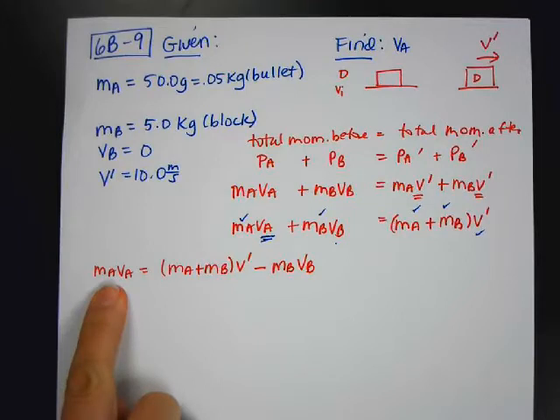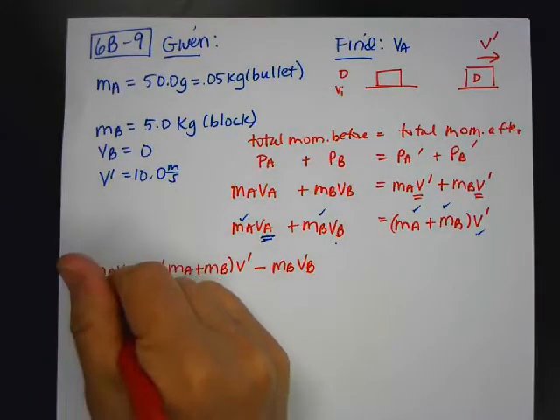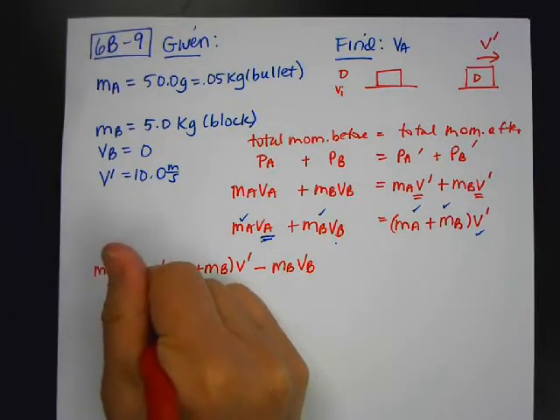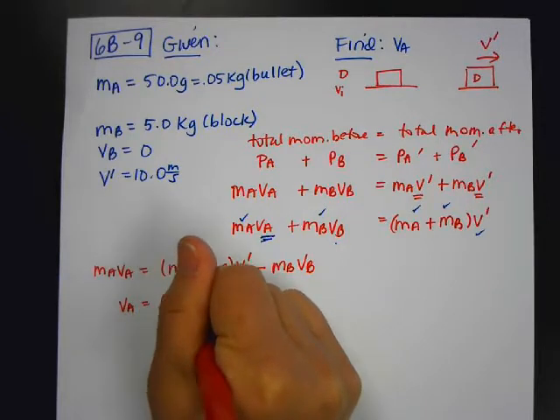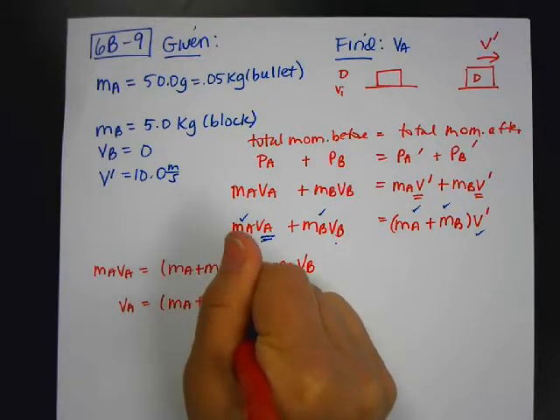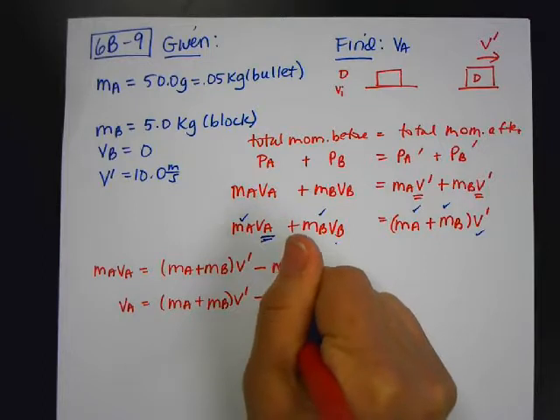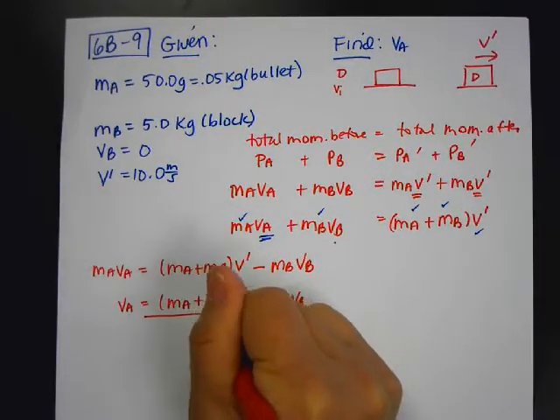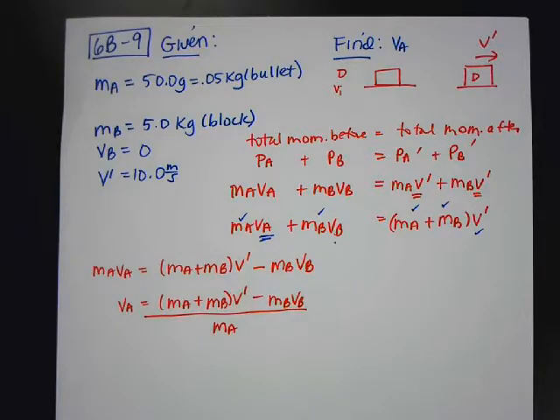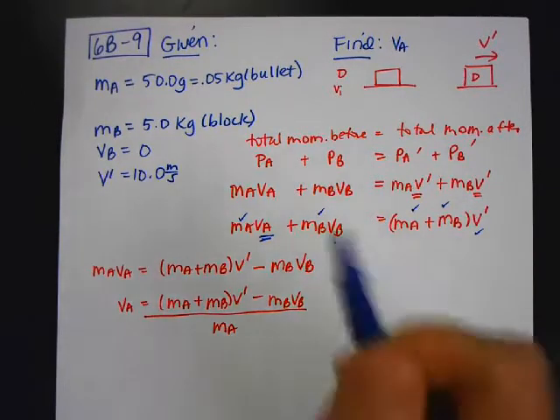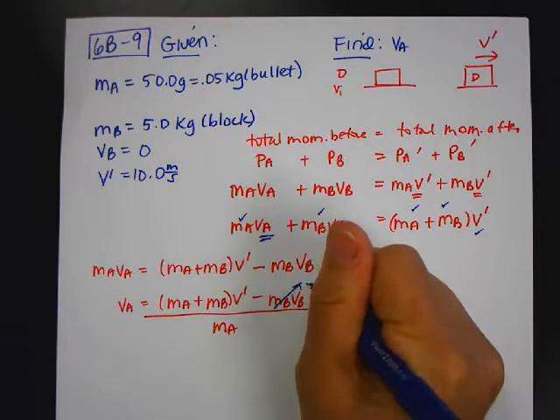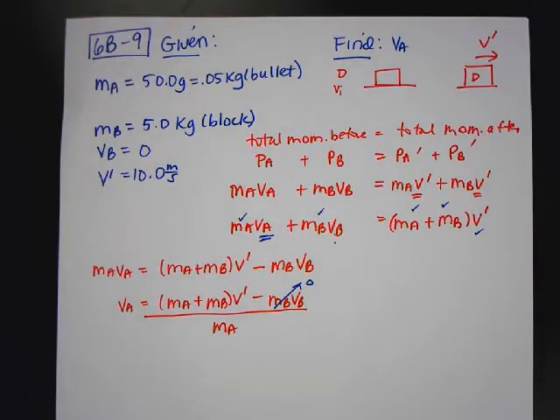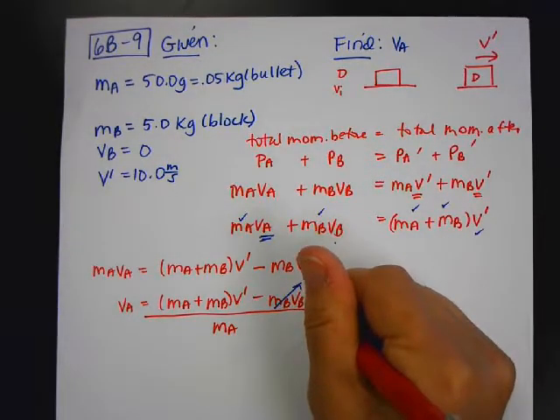Now I'll divide both sides by MA, so VA is MA plus MB times V prime minus MBVB, all over MA. Before I start substituting, I know that the initial velocity here is 0, so I'll just get rid of that. Now I'll substitute in my values.